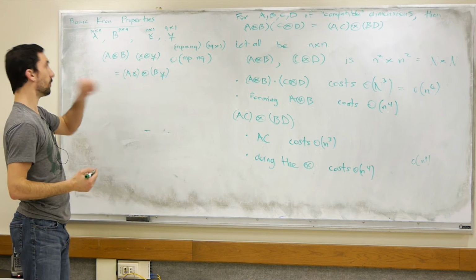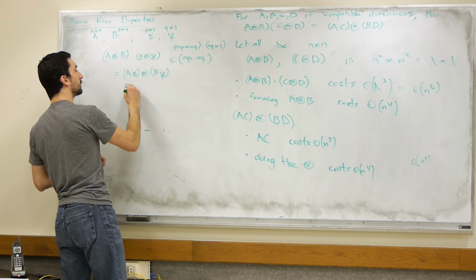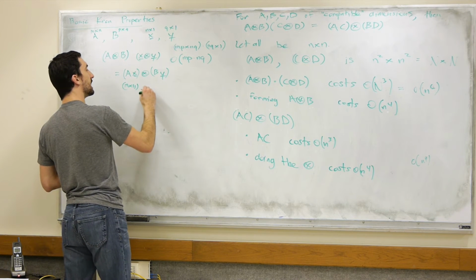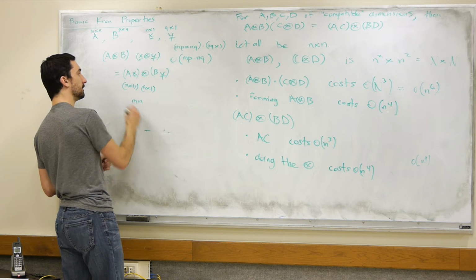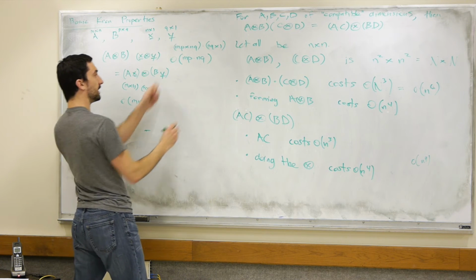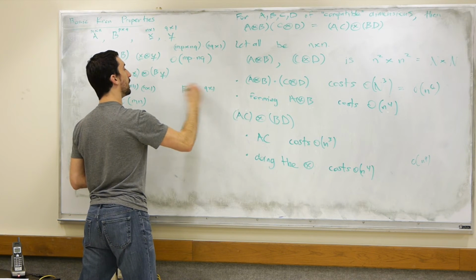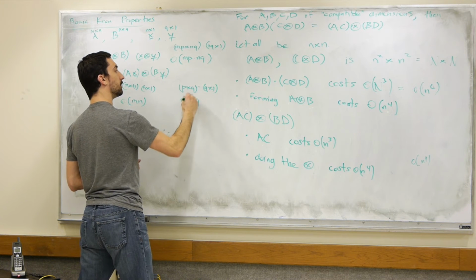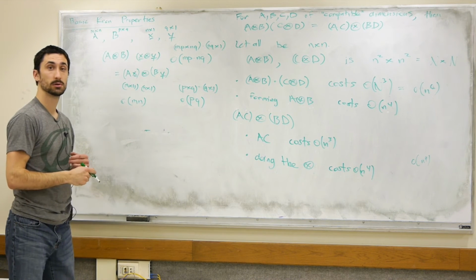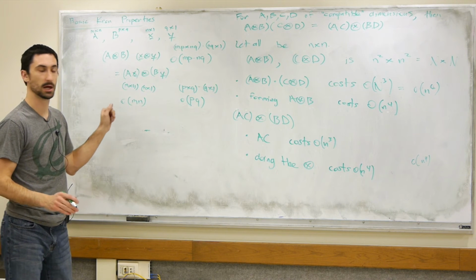Then down here we have an mn matrix times an n by 1 vector. That costs mn. Over here, a pq matrix by a q by 1 vector. That costs pq, assuming that we're just using standard matrix times vector multiplies.